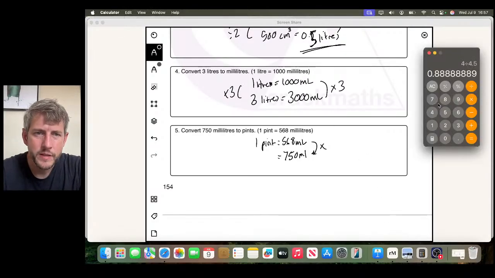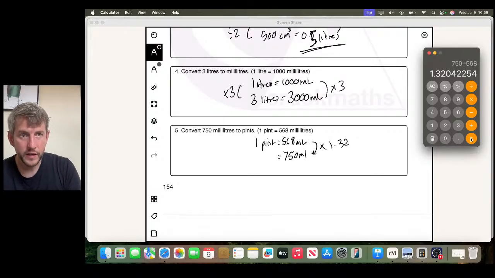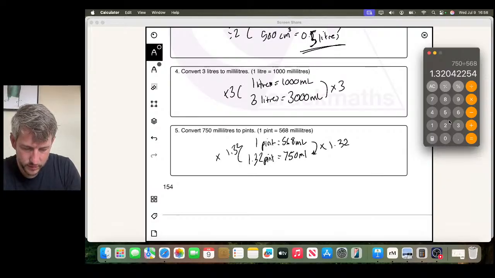If we do 750 divided by 568, that tells us what we times 568 by to get to 750. Okay, and I've rounded that to 2 decimal places because that's what it's asked. So times 1.32, and this will be 1.32 pints.